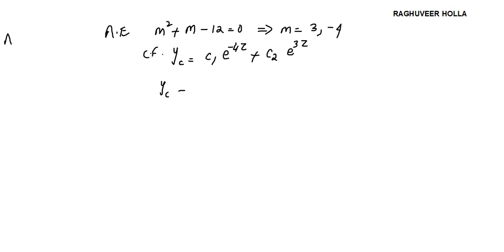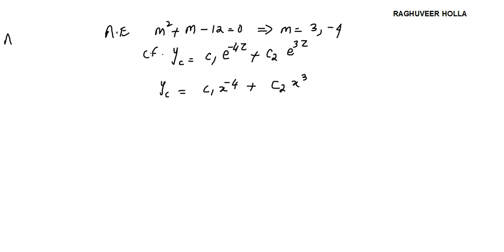So now let us write in terms of x. So this is c1 x to the power of minus 4, right, plus c2 and x to the power of 3, so that is x cube.